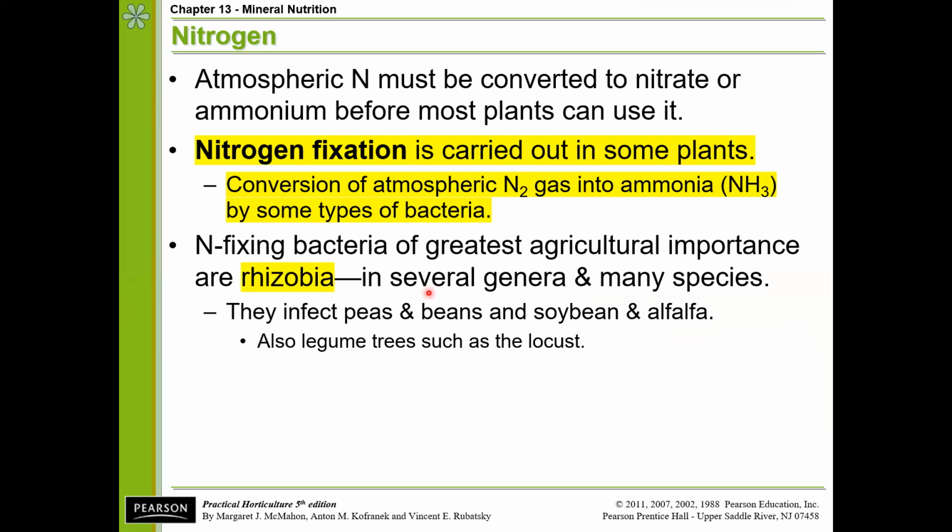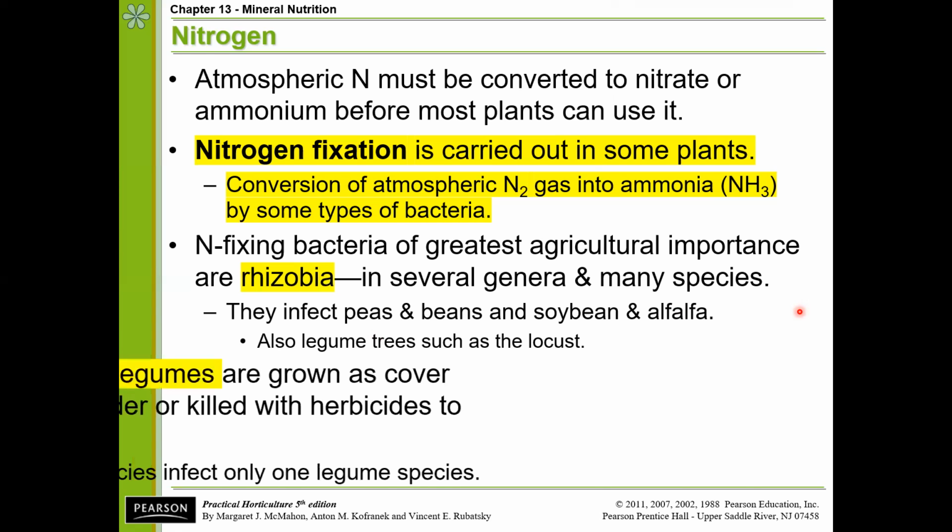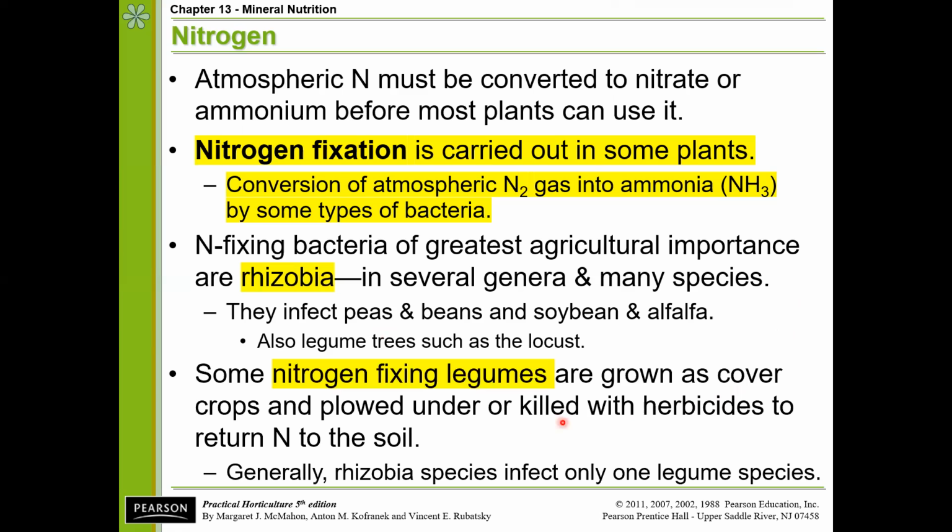We find those in the legumes: peas, beans, soy, alfalfa. That's why they are great for cover crops that we will then plow under the soil or use herbicides to kill, to return that nitrogen to the soil. It's a pretty amazing process, because we have figured out how to fix nitrogen ourselves, using a lot of energy and a lot of natural gas, in high pressure, high temperature reactions.